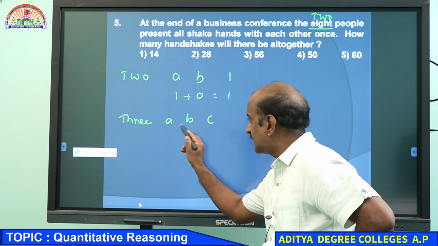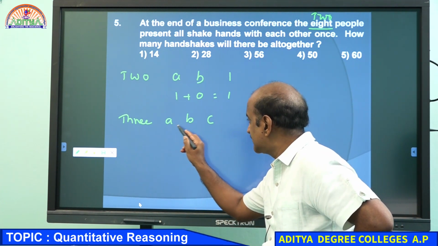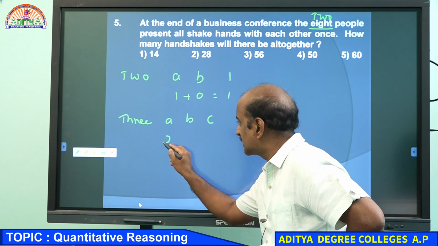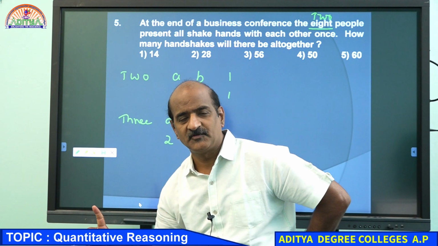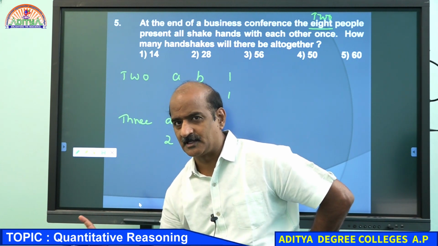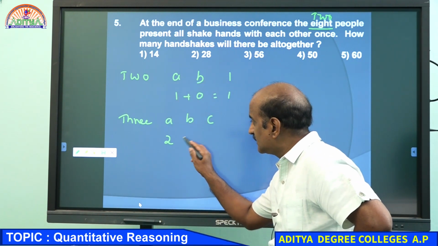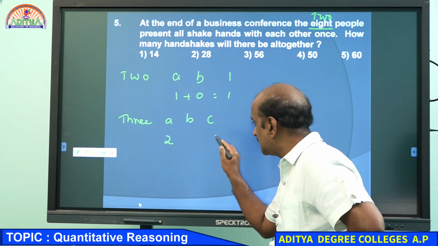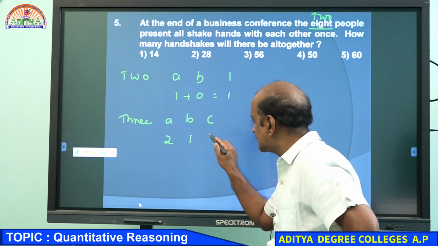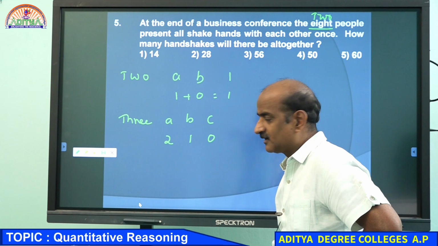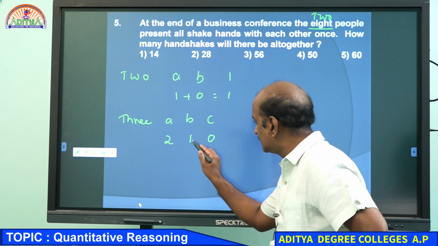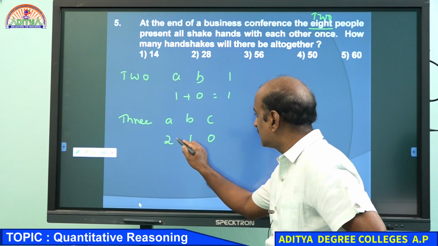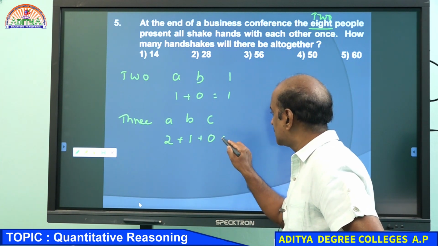A shakes hands with B, A shakes hands with C, therefore A has 2 shake hands. What about B? It is already counted. So B and C, 1, C, 0. AB, AC, then again BC. Therefore, how many shake hands are possible if there are 3 people present?